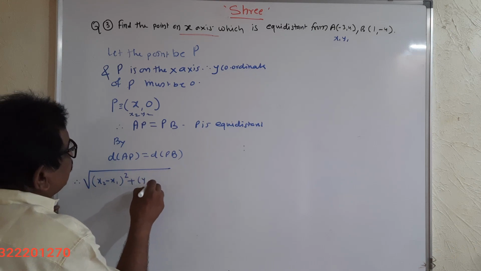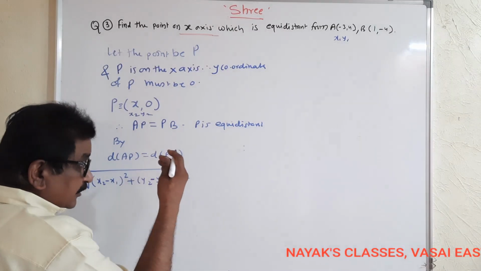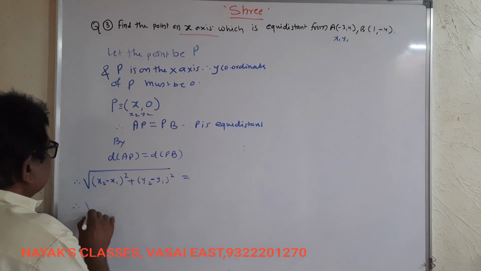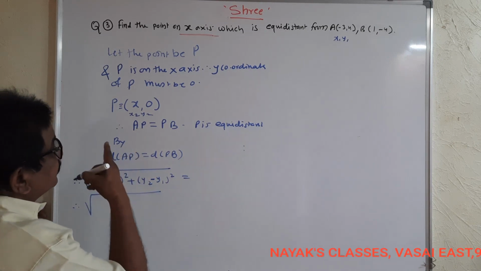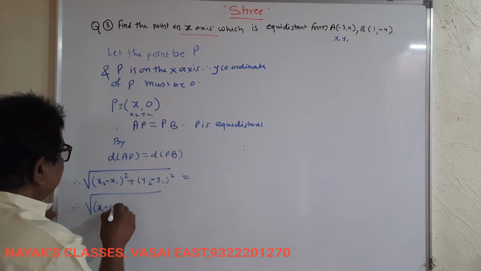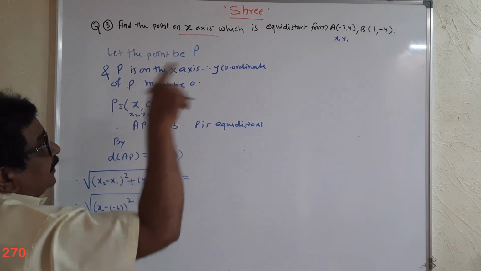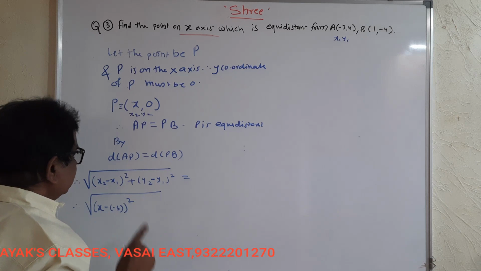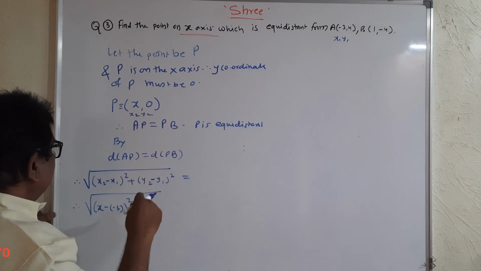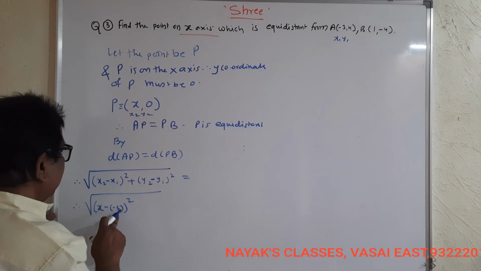plus y2 minus y1 the whole square. For a moment you don't write anything here, first concentrate on this. So what will this be? x2 is x, x1 is minus 3, so x minus (minus 3) the whole square, correct?